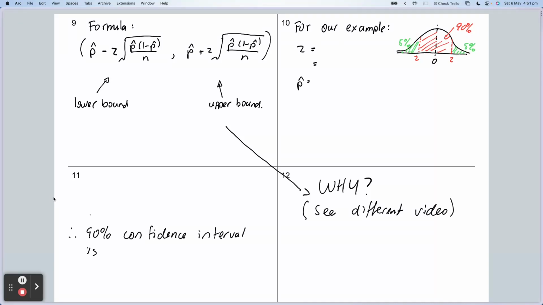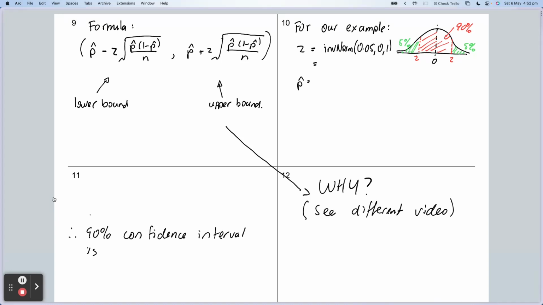If I was doing 99% confidence, there would be 0.5% on either side. So what we end up doing is we take the inverse norm and we put in our values. Now, you can put 0.05 in for the 5%.